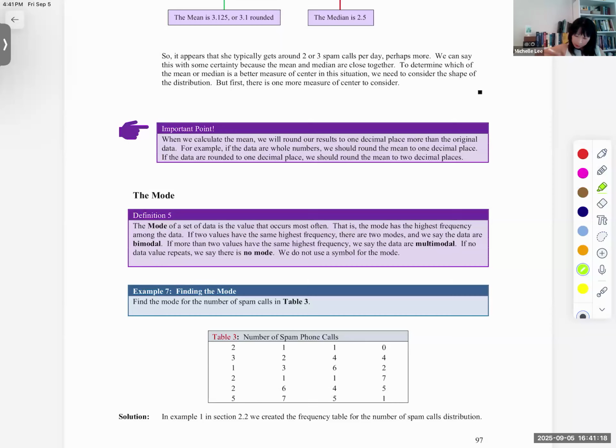Okay, let's take a look at one then. How many ones? 1, 2, 3, 4, 5, 6. So the mode is 1, with 6 occurrences.